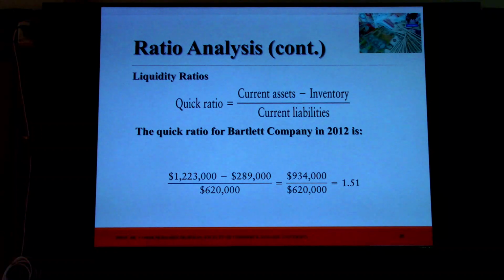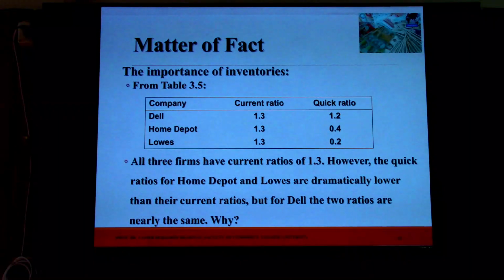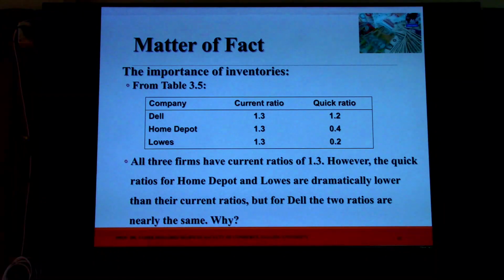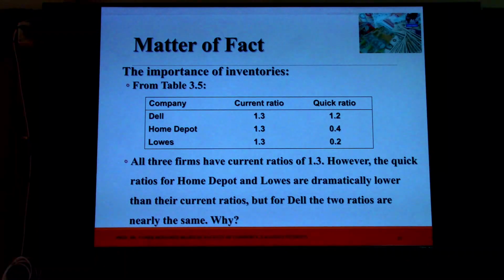This example will explain this meaning. For example, here we have three companies: Dell, Home Depot, and Lowe's. If you look, we calculated the current ratio for each one of them, and at the same time we calculated the quick ratio.